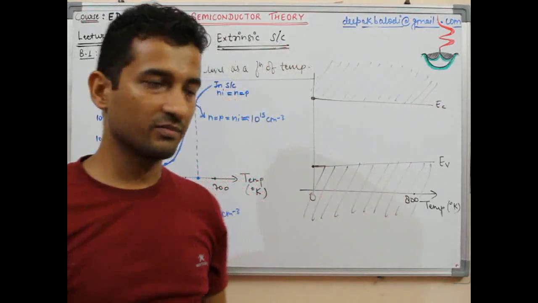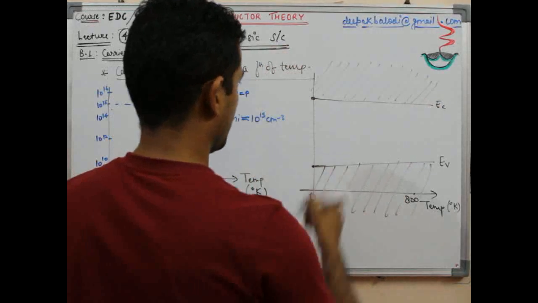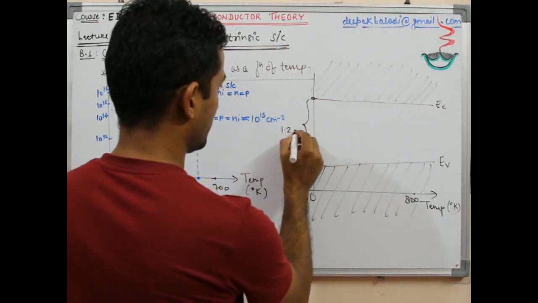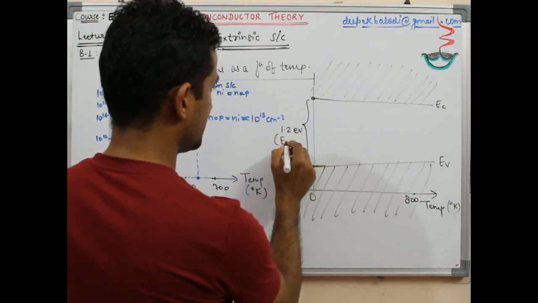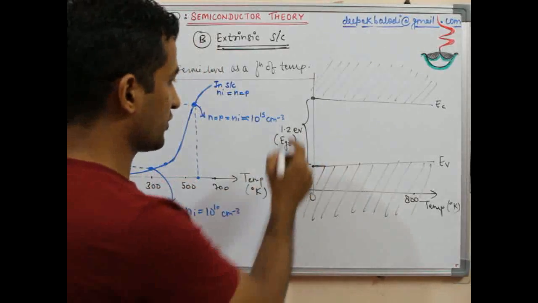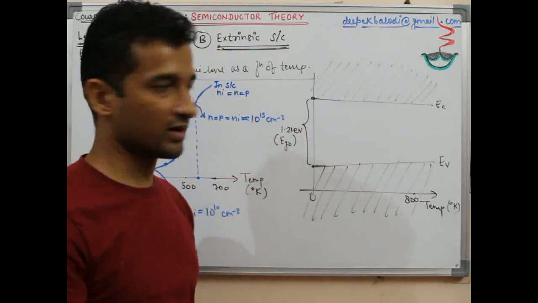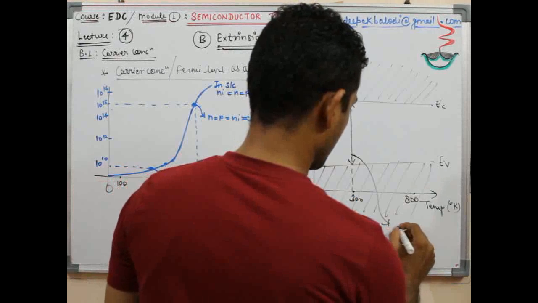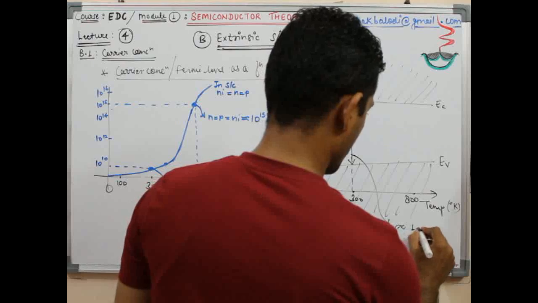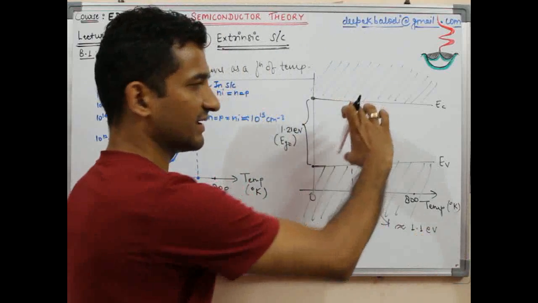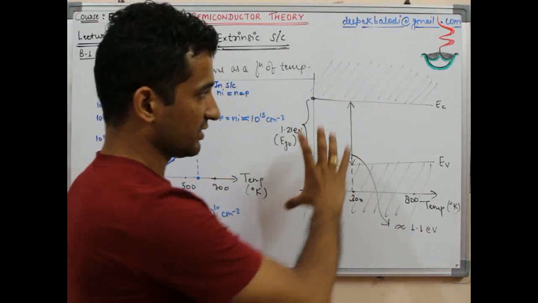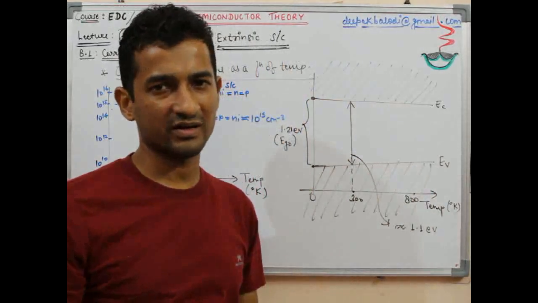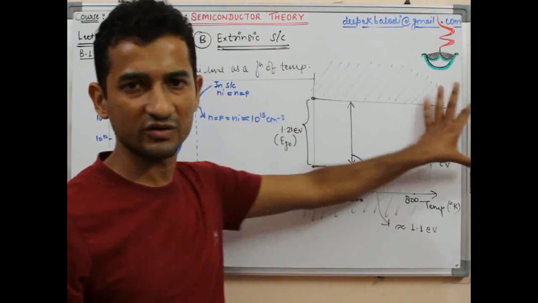It's a weak function of temperature only. Here it is, let's say, 1.2 electron volts, or we call it Eg naught. I'm taking 1.21 electron volts for silicon, and at 300 it is around 1.1 electron volts. So there is a slight decrease in band gap as we increase the temperature, but only slightly. So we can forget this effect. We can say it's almost constant.